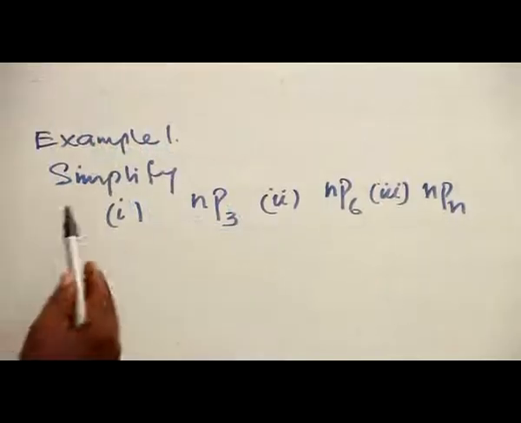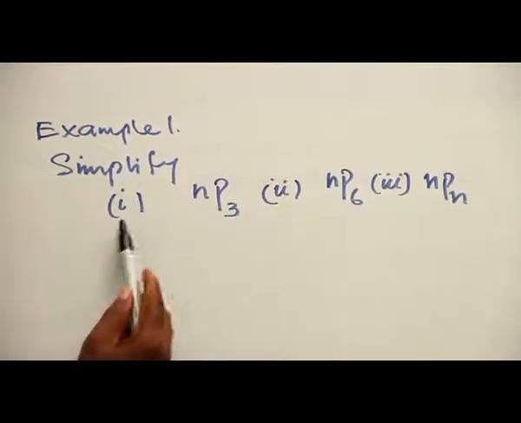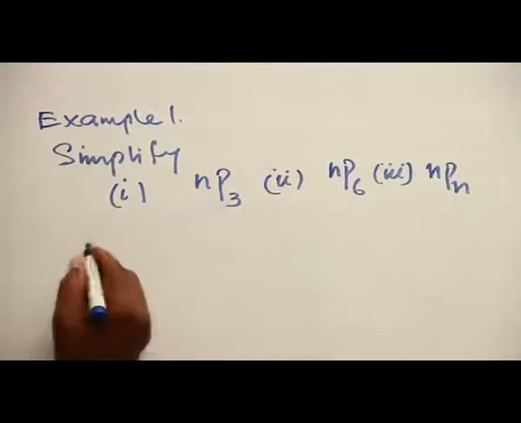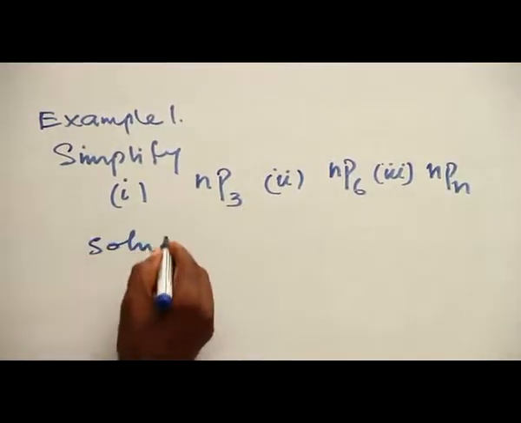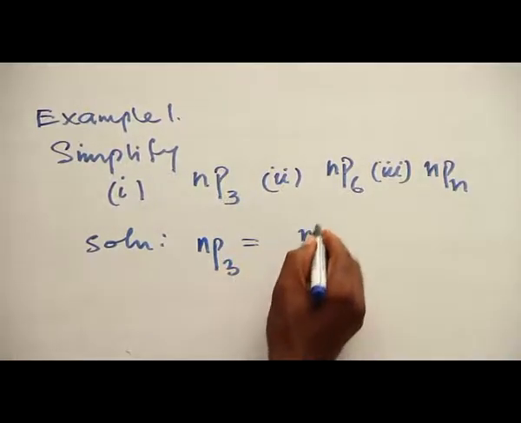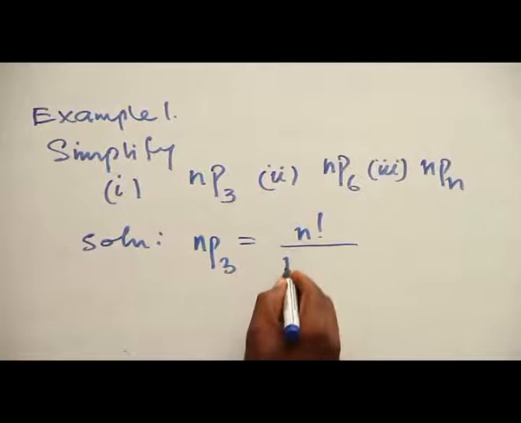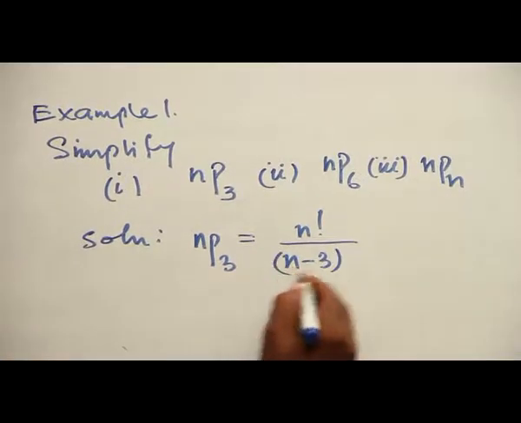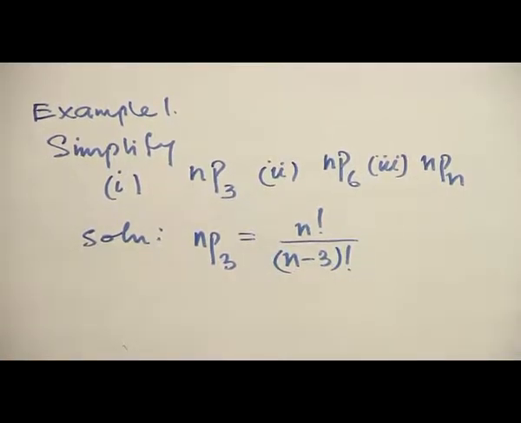Now let's take some examples. 1. Simplify n permutation 3. Solution. Your n permutation 3 will be equal to n factorial over n minus 3 factorial.